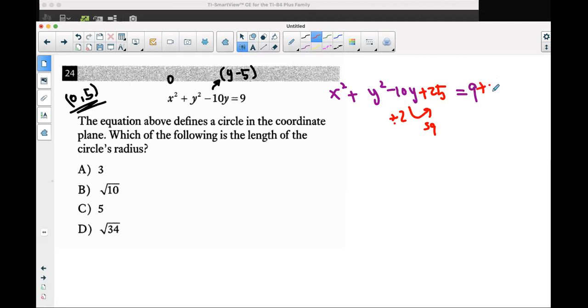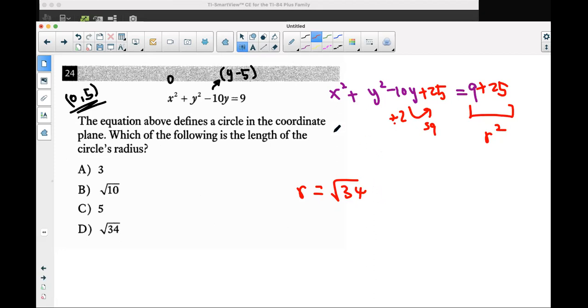And I have to do that same thing on the other side as well. So what do you guys realize then? Here that becomes 34. So this is in fact r squared. So then our r value will be square root of 34. That's basically what we can do. Is that clear, guys? Alrighty. So that's basically what we have here.